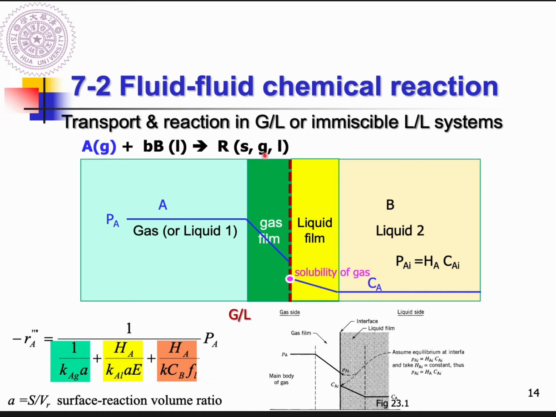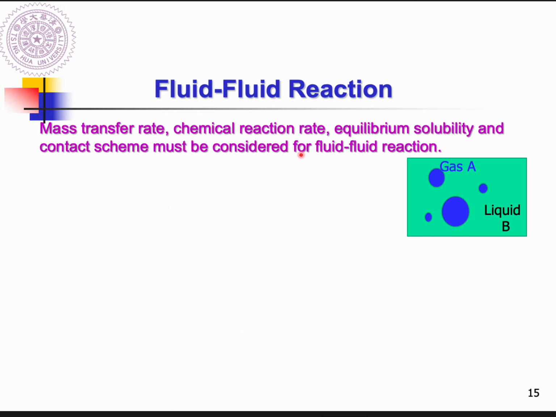Next, in order to show you how we can get these equations to describe how fast or how slow this heterogeneous chemical reaction is, before that we need to identify some new terms and highlight some important parts. When we talk about fluid reactions, you need to pay attention to the mass transport rate, the chemical reaction rate, and the equilibrium solubility. This is quite important because we haven't discussed this in a previous case.